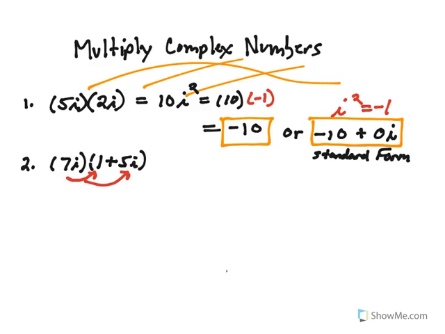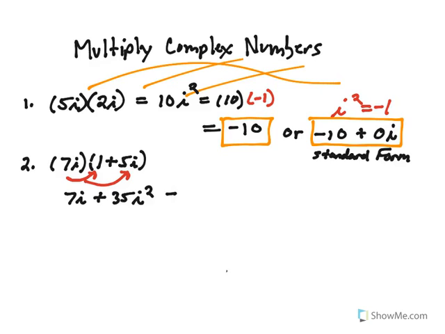And then now that's just going to give me 7i times 1 is just 7i, of course. 7i times 5 is 35i squared. So remember, we're going to replace i squared with a negative 1, just like we had before, right?